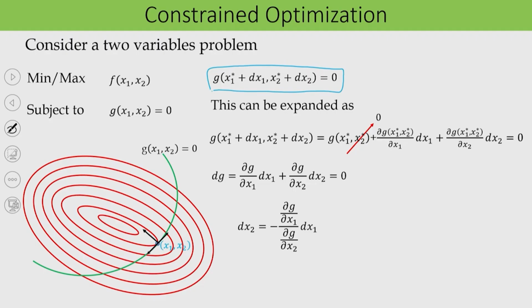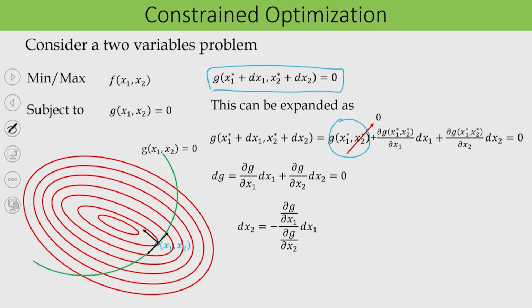Now I can expand this using a Taylor series. If I expand it, I get g(x1 star, x2 star) plus del g by del x1 dx1 plus del g by del x2 dx2, and this must be equal to 0, as g(x1 star, x2 star) is on the g line.